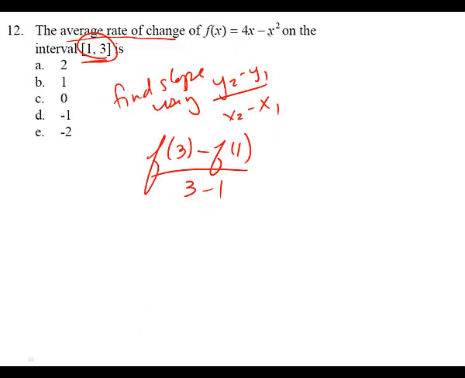Okay, so I'm going to plug into this thing here. Let's see, 3 times 4 is what? 12 minus 9 is what? 3. Okay, we're plugging in a 1. 4 times 1 minus 1 is 3. The denominator's 2, right? So 0 over 2 is going to be what? 0.